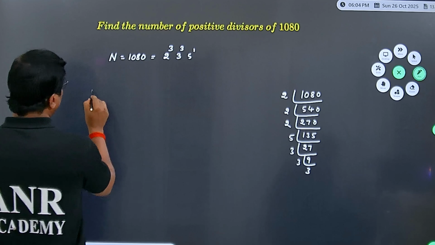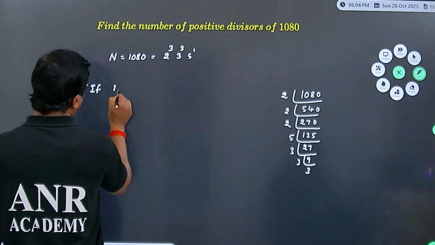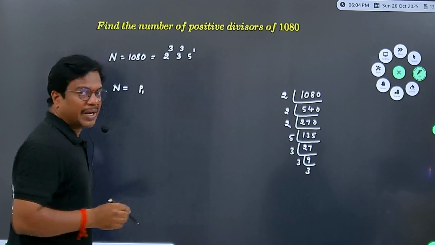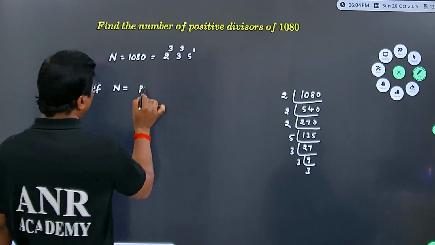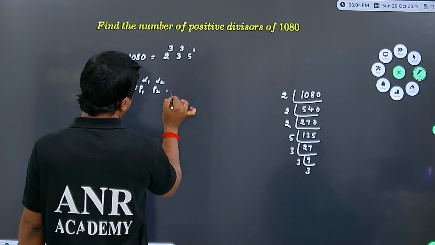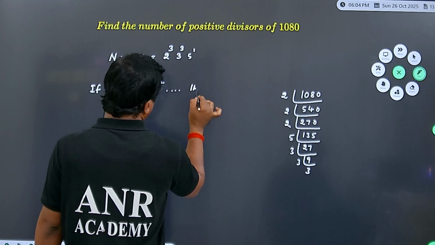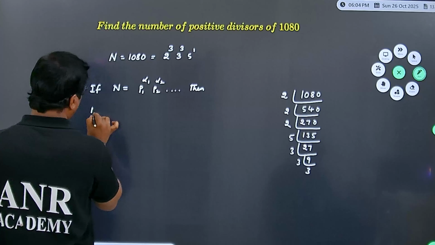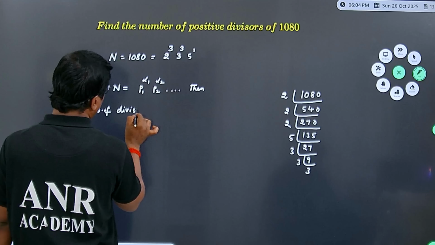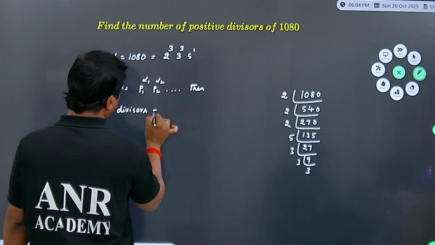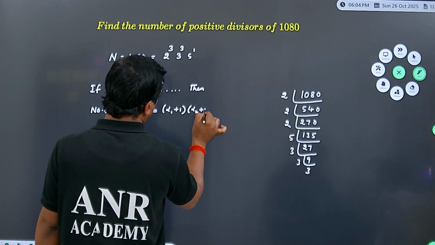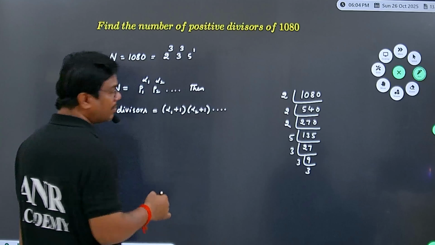Suppose a number n can be written in prime factors like p1 power alpha 1, p2 power alpha 2, and so on, then the number of divisors formula is (alpha 1 plus 1) into (alpha 2 plus 1) into, and so on.